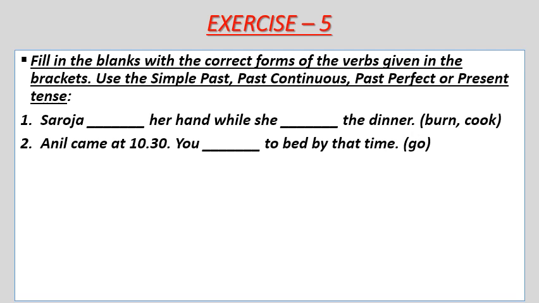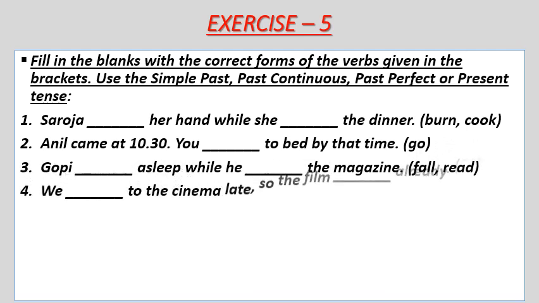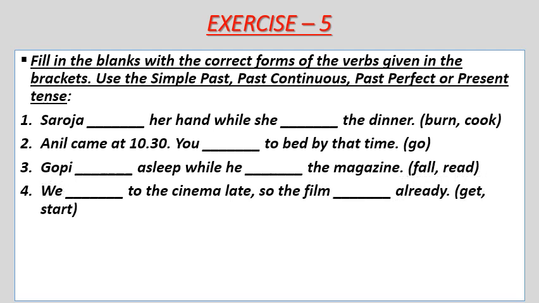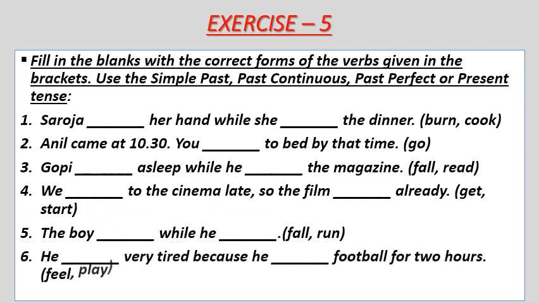You dash to bed by that time. Number 3. Gopi dash asleep while he dash the magazine. Number 4. We dash to the cinema late, so the film dash already. Number 5. The boy dash while he dash. Number 6. He dash very tired because he dash football for 2 hours.